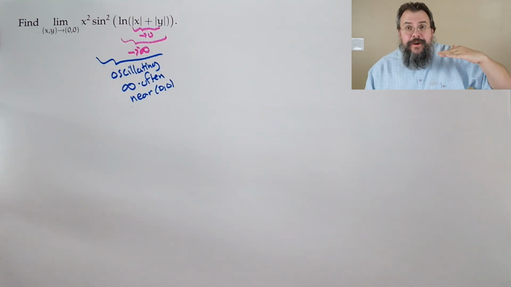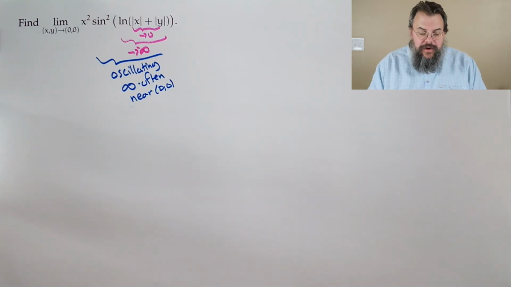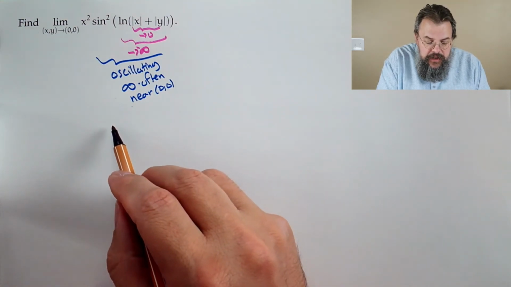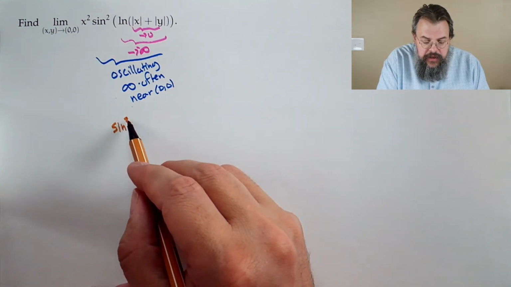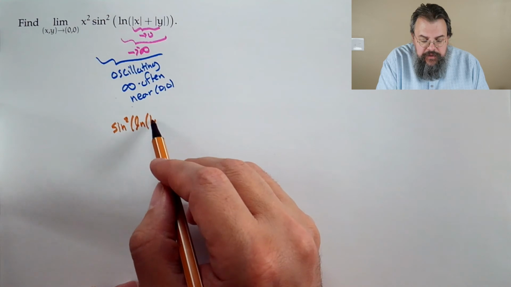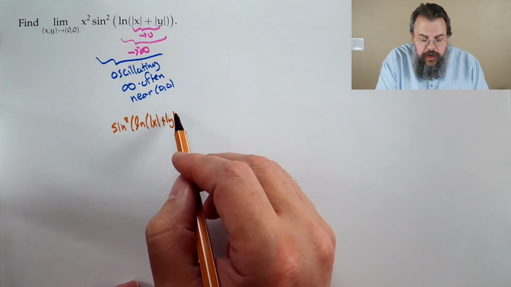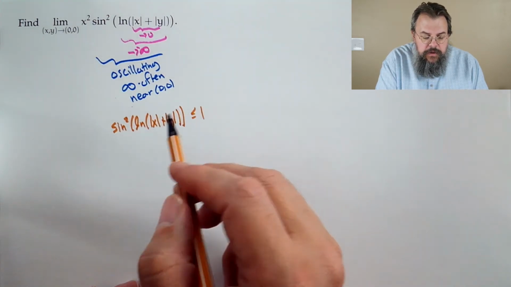It's somewhat controlled. So in particular, we can say, look, sine squared of log absolute value of x plus absolute value of y is in between 0 and 1.